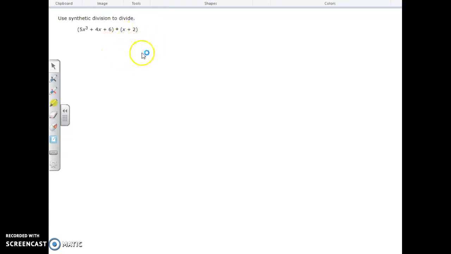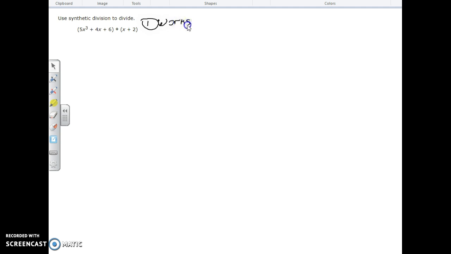Alrighty, so let's go ahead and review synthetic division one more time as well. Here is an example of a cubic polynomial that we want to divide by x plus 2. Just a few reminders. Number one, you can only use synthetic division with linear functions and nothing else.